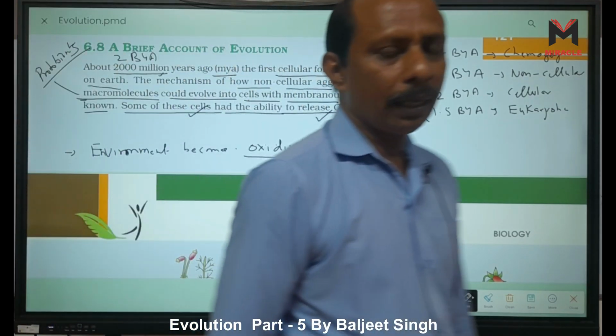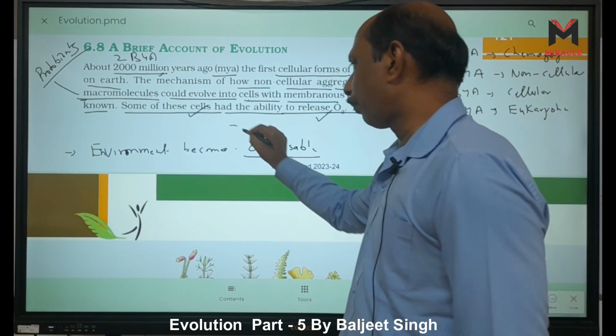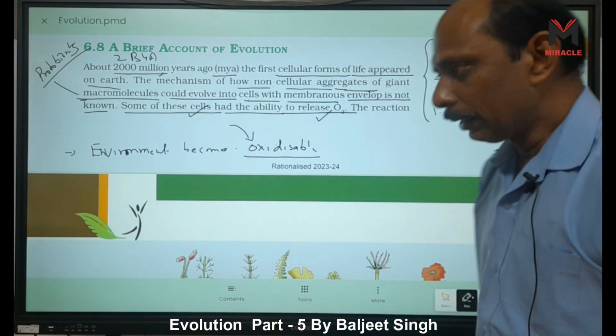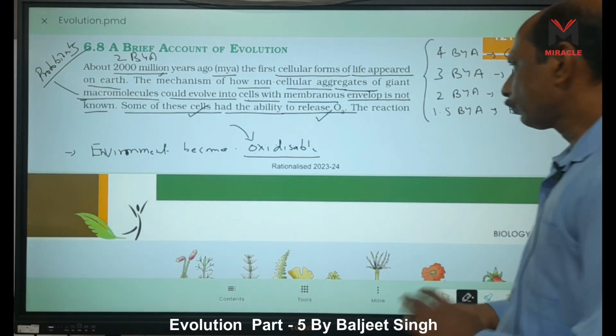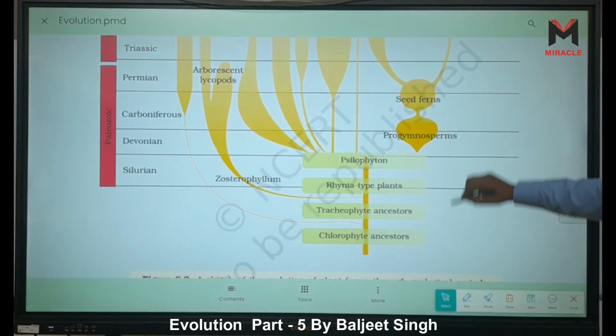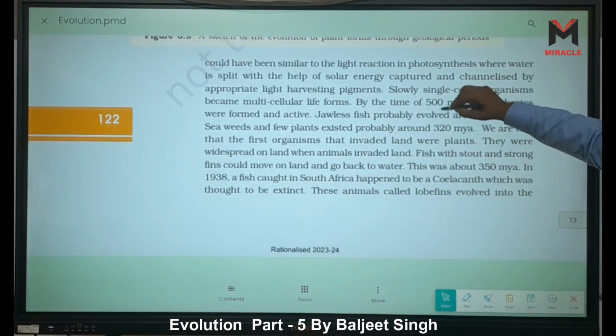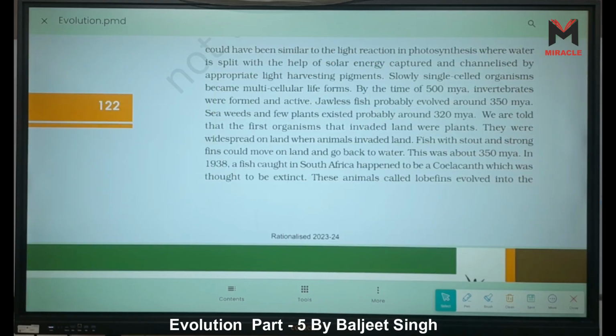Initially it is a reduced type environment. Now this reduced environment is converted into oxidizable, right? That's why at this time no new organisms are formed. The reaction, we will read this one, right? Could have been similar to the light reaction in photosynthesis, where water is split.